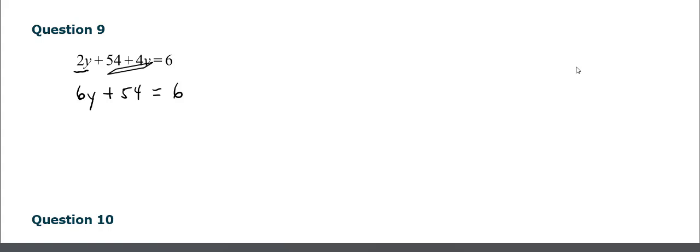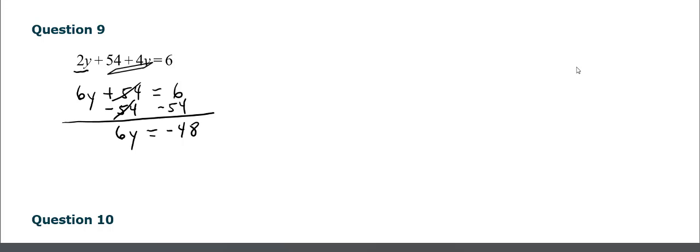So in order to isolate my y term, I need to move the 54 from the left-hand side to the right-hand side by taking its opposite. So on the left-hand side, 54 minus 54 is 0, just leaving me with 6y. And on the right-hand side, I have 6 minus 54, which leaves me negative 48.